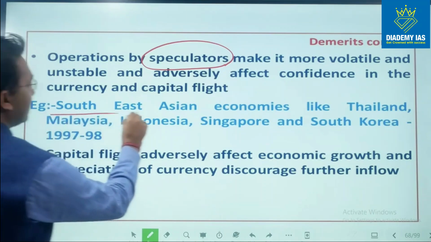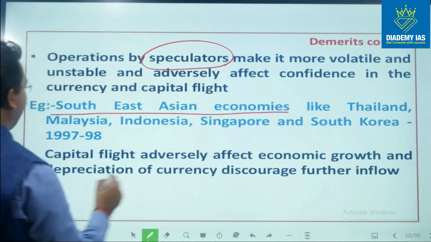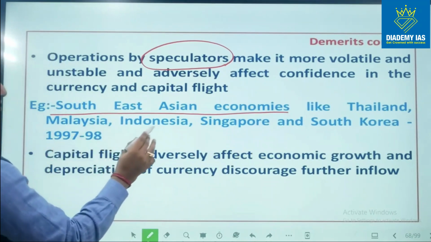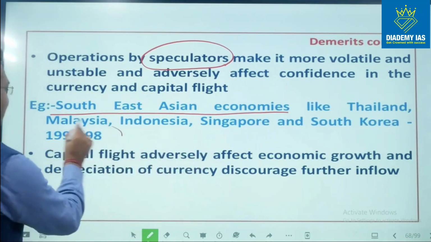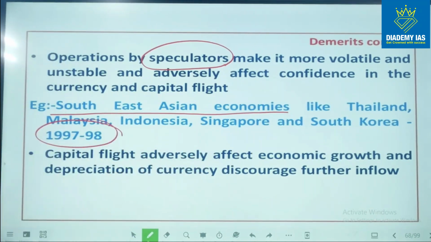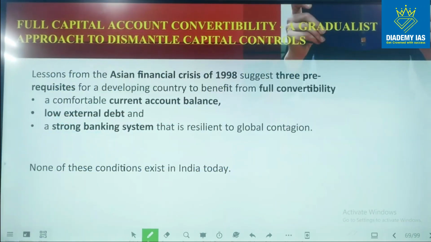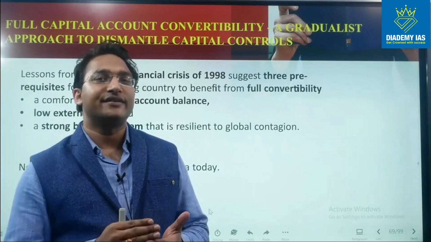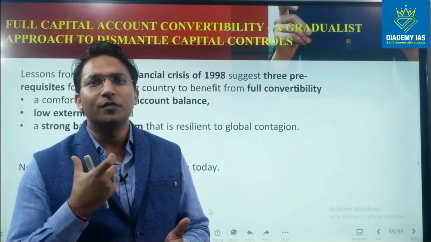The Southeast Asian economies like Thailand, Malaysia, Indonesia, Singapore and South Korea in 1997-98 have already faced this problem. Capital flight adversely affects economic growth and depreciation of currency discourages further inflow, right? So this is the biggest problem with the fuller capital account convertibility.